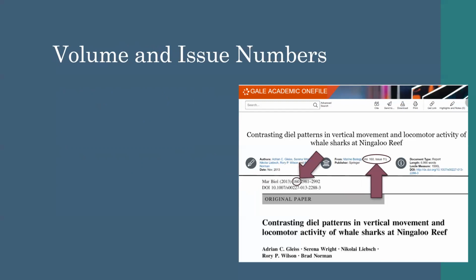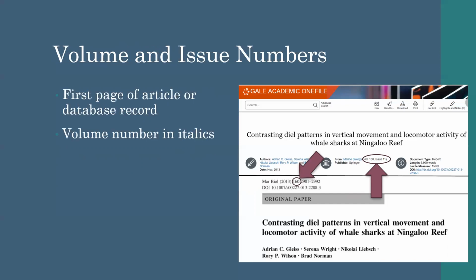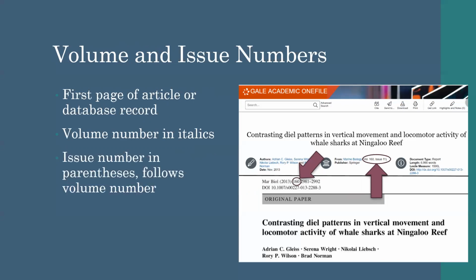Following the journal title, we have the volume and issue numbers. Like the journal title, they are generally located on the first page of the article, but you may sometimes have to look in the database record, especially for the issue number. The volume number is written in italics, and the issue number is enclosed in parentheses, directly following the volume number with no space.